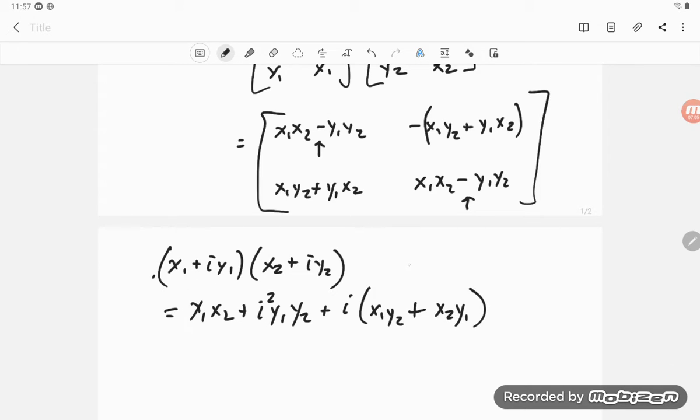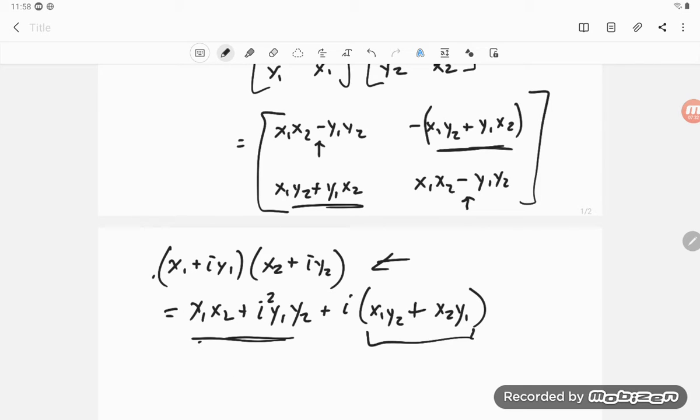So here is that same imaginary part that we have up there and down here. But then the real part: I get x1 x2 plus i squared y1 y2.